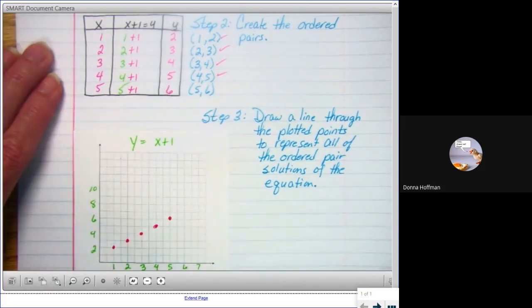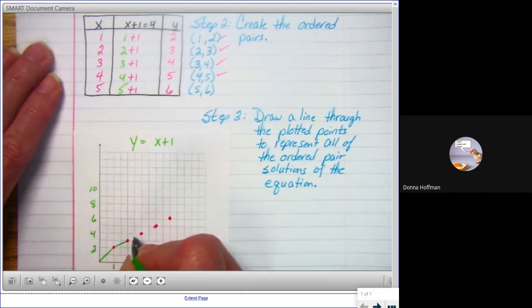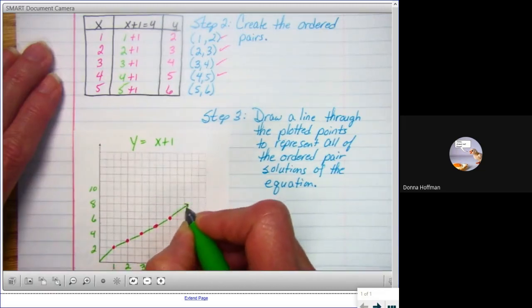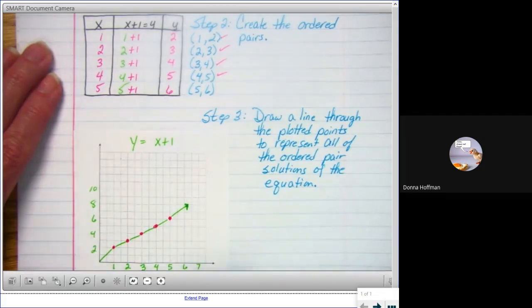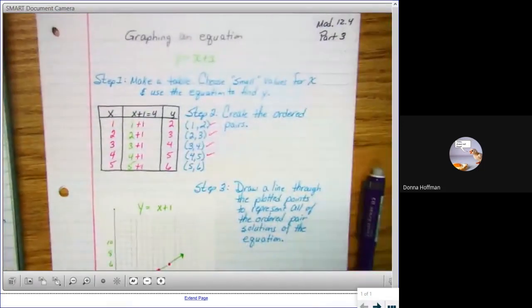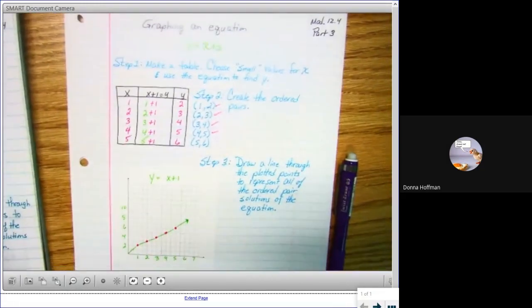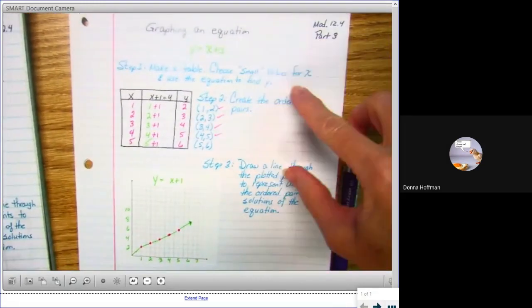And once again, I put my line to connect them, and it always goes through 0, okay? And the arrow at the end always means that it goes on forever. Okay, once again, here's what I've done. I've taken the equation y equals x plus 1. I made a table.